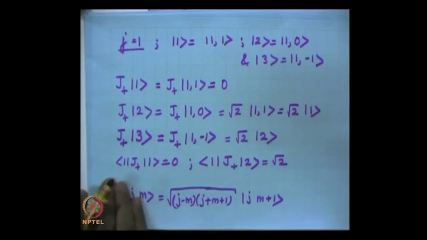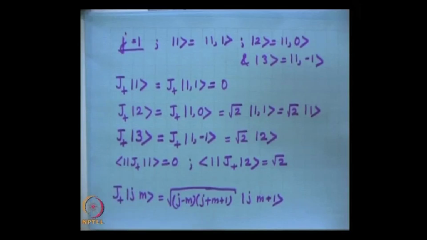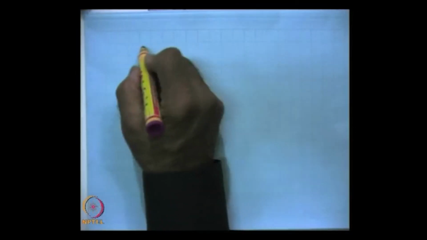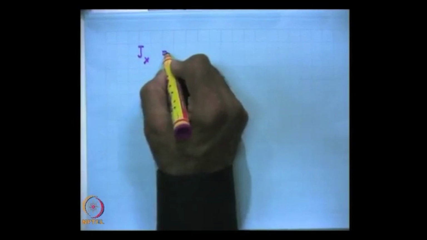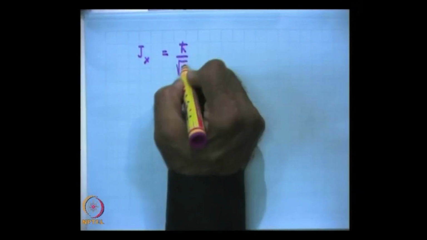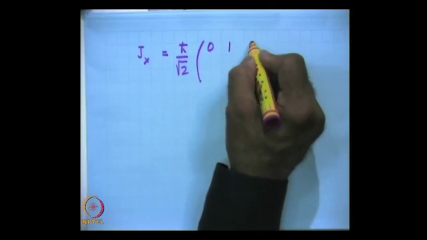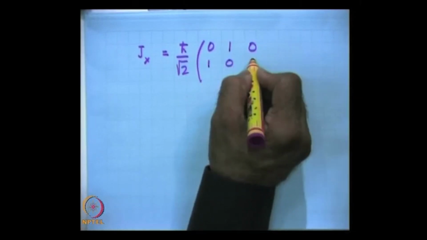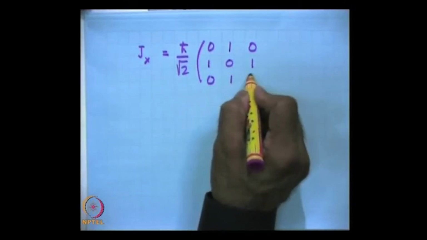Using this, we can write down the angular momentum matrices for the j equal to 1 case. Finally, we obtain J x equal to h cross by root 2 times the matrix 0 1 0; 1 0 1; 0 1 0.